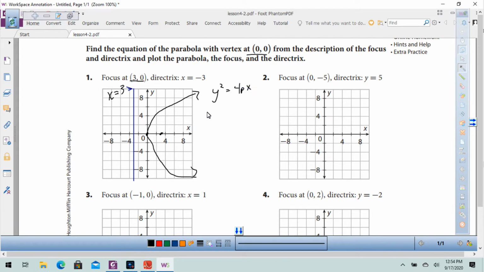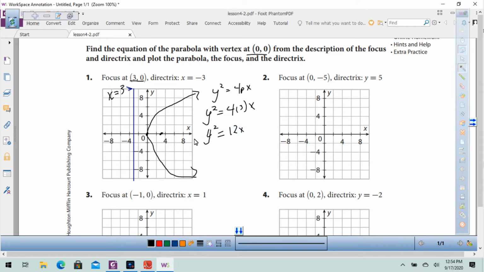Now let's find p. P is the distance from the vertex to the directrix, or the focus. 1, 2, 3. So we're going to have 4 times 3x. That's going to give us y squared equals 12x.